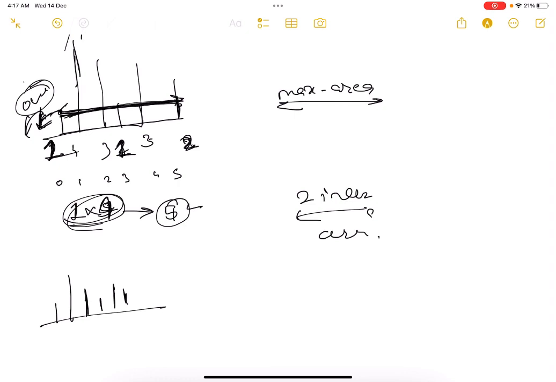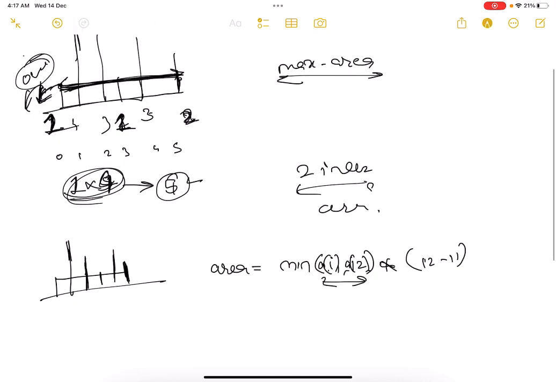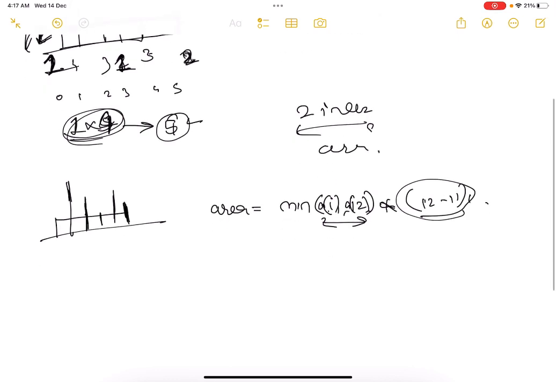When we have to find the area, we take the minimum of any two indexes. Suppose I1 and I2, multiplied by their difference, I2 minus I1. Here I can say array of I1 and array of I2. So we have to select the minimum value between those two and multiply it with the index difference. Okay, this is the area.